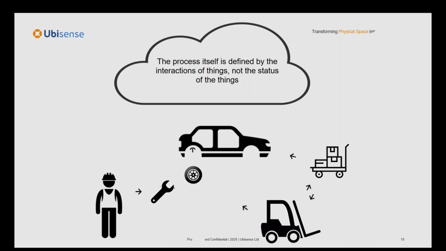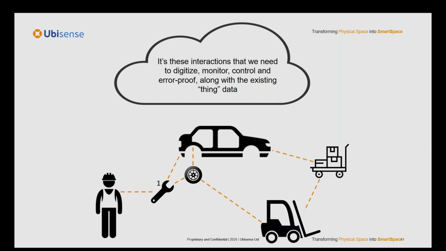So when the parts were picked, where they were dropped, in which sequence they were dropped, is the tool working on the right product, is the operator in the right station, and so on. That's the status of interaction with things. And it's those interactions, the orange lines, that we need to monitor, to digitize and to control so that we can error proof, along with the existing IoT thing data.